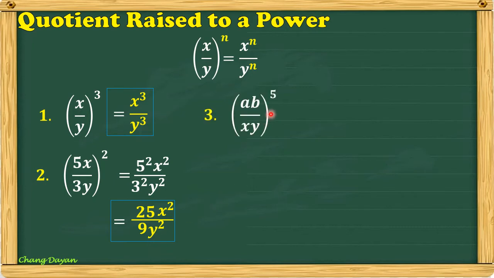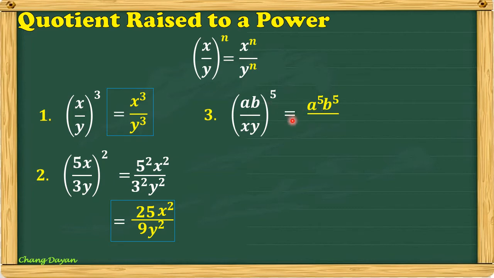Number 3, the quotient of AB and xy raised to 5. So, like what we did in number 1, we will raise A to 5. Ganun din po ang B raised to 5. Ang 5 ay galing dito.